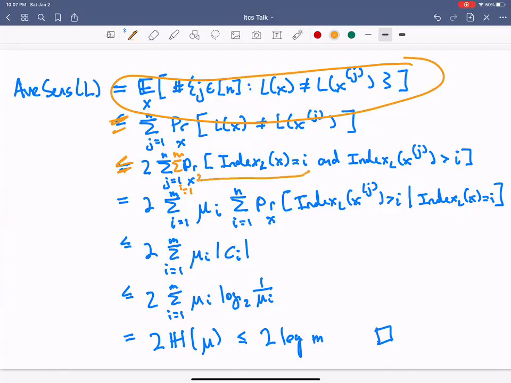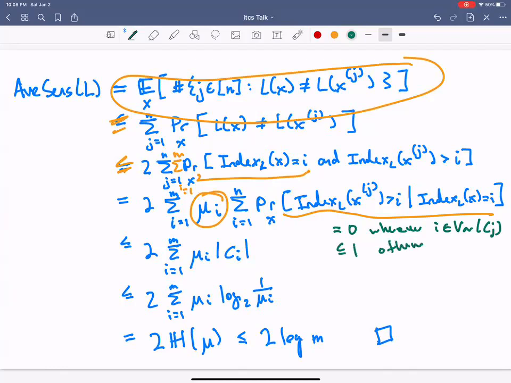We split this up into the probability that index L of X equals i, which is just mu i, and then this conditional probability over here. The observation is that this conditional probability is 0 whenever j is not a variable occurring in the clause Ci, and obviously this probability is at most 1 otherwise.